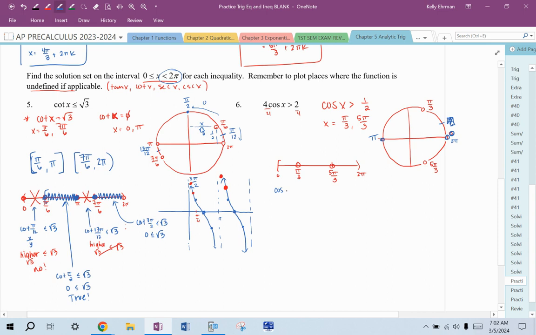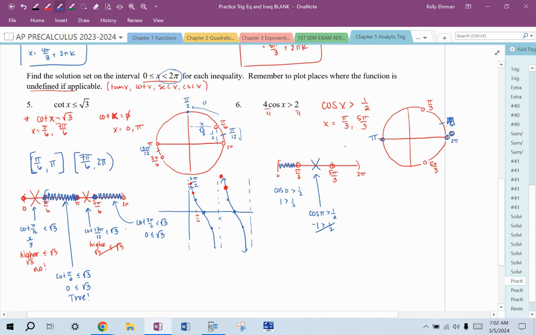So cosine of 0, is that greater than 1/2? Cosine of 0 is 1, which is greater than 1/2, so yes. And then something in here, I picked pi. Is cosine of pi greater than 1/2? Cosine of pi is -1, which is not greater than 1/2, so nothing in that section.